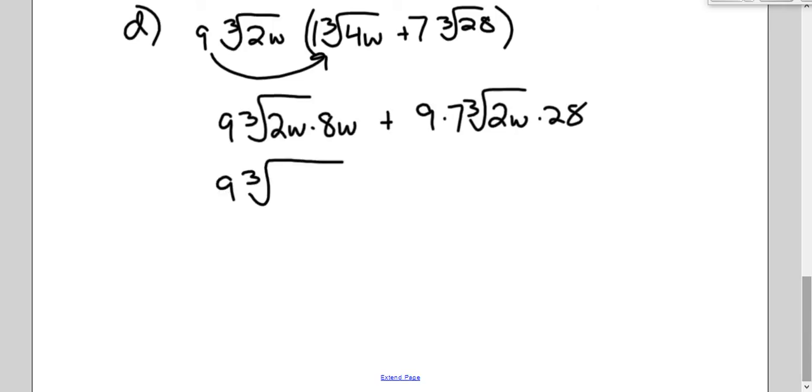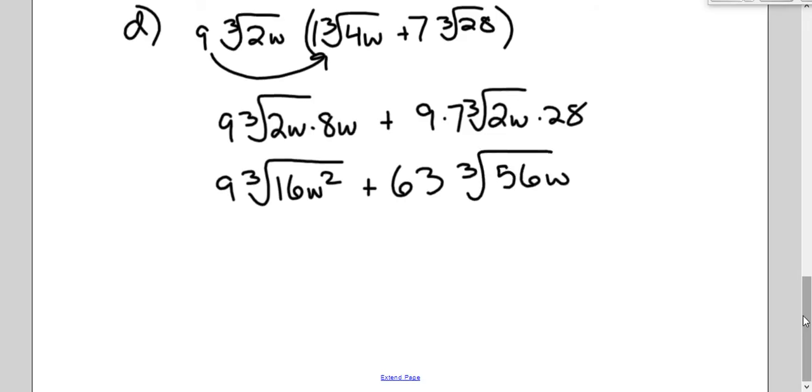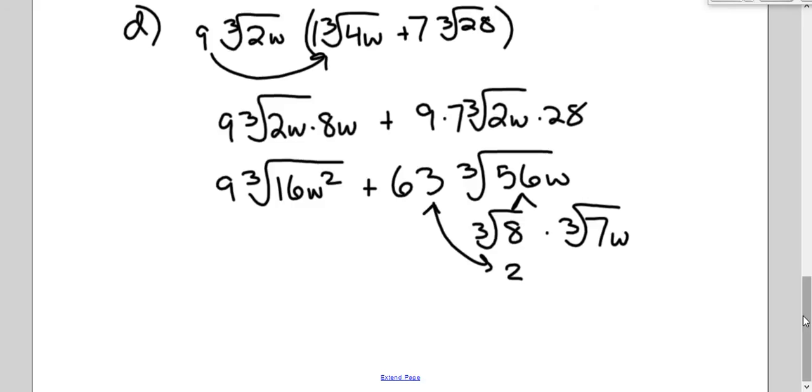So that leaves us with 9 cube root 16w squared plus 63 cube root 56w. This can be broken down into the cube root of 8, which is 2, multiplied by the cube root of 7w. So then 2 multiplied by 63, and we get, oh, this can break down here as well.